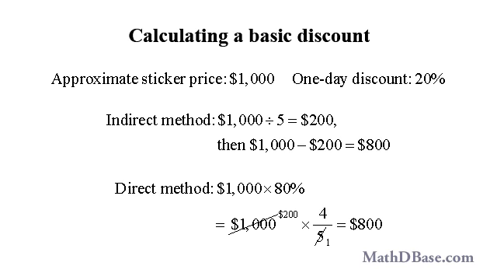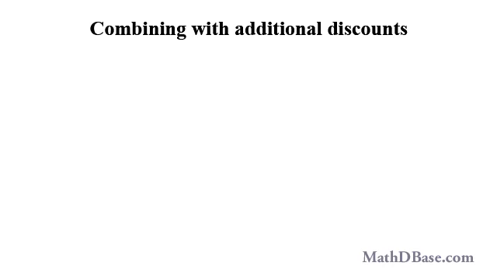A more direct approach is to realize that if there is a price discount of 20%, you are actually going to pay 80% of the original price. To calculate 80% of the price, divide $1,000 by 5 to get $200, then multiply the $200 by 4 to get $800.